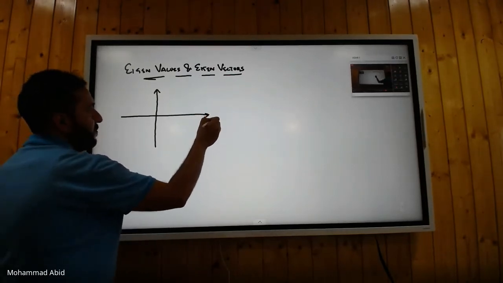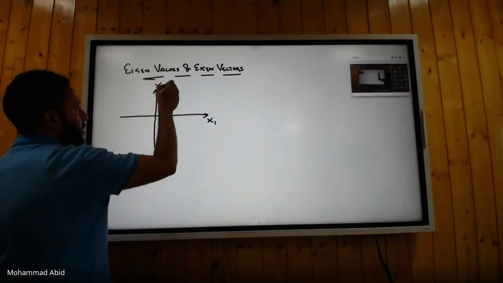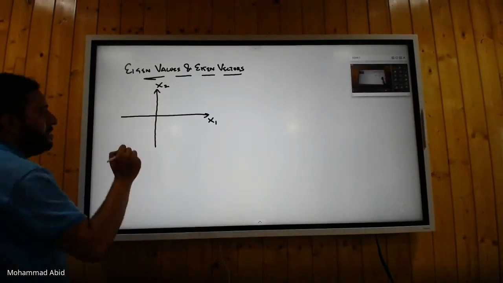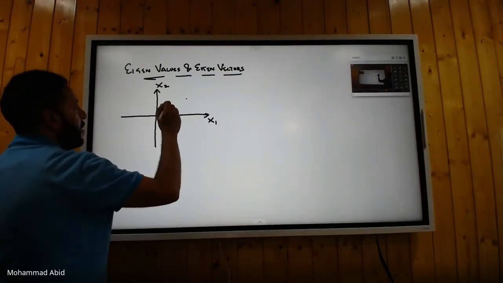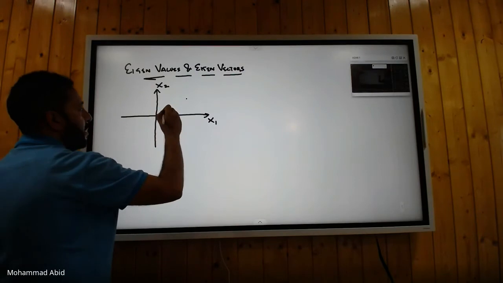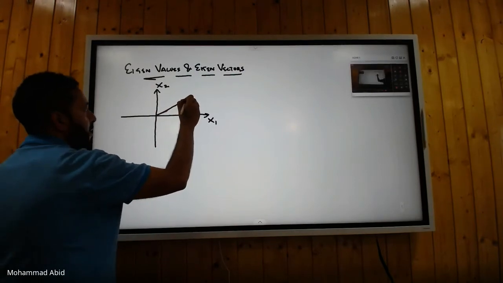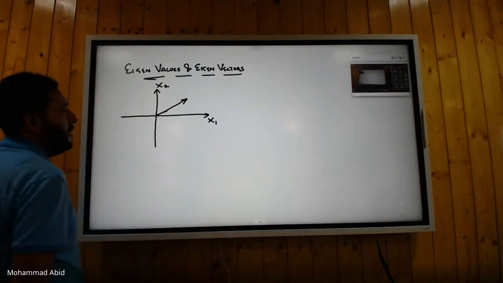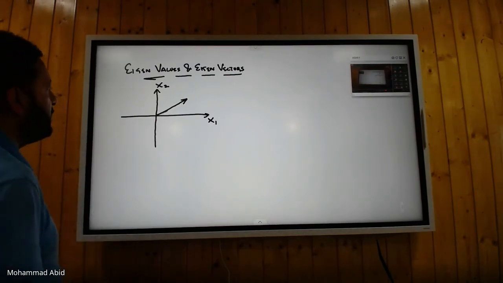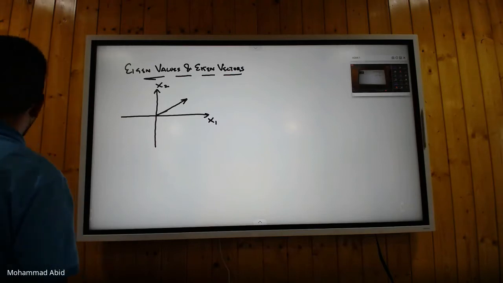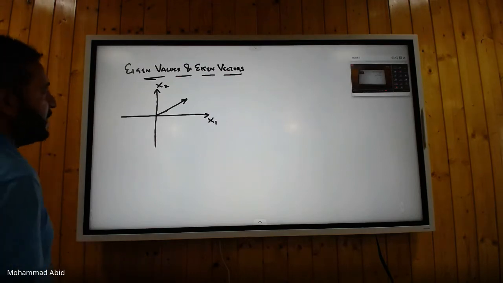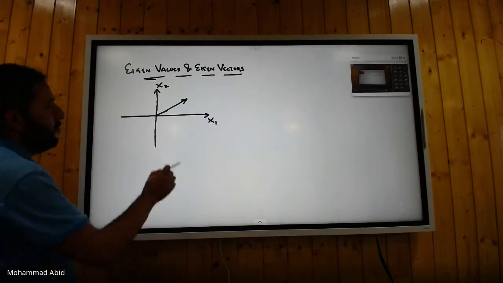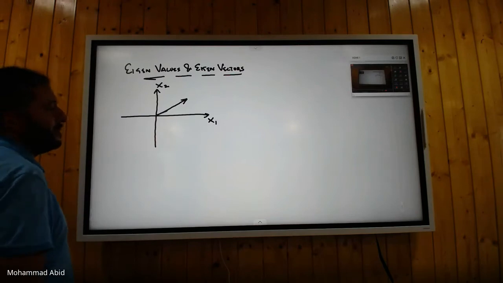Let's say this is x1 and this is x2, and any vector in this space is represented by means of a point, or we can show it as a line whose length actually is the magnitude of this vector, and it also has direction associated with it. Every vector has got a magnitude as well as direction. So the direction is really measured in terms of the angle that it makes with the positive x-axis.